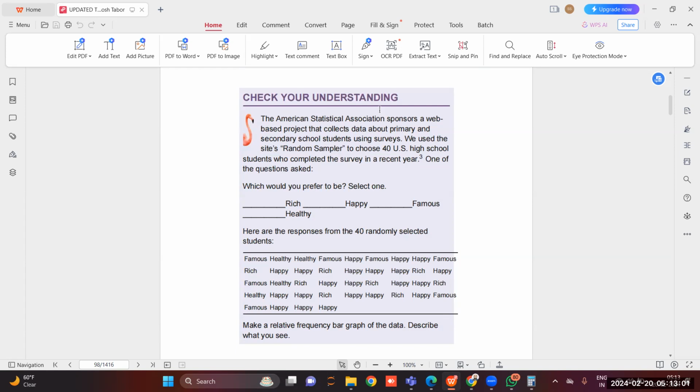I'll just read it. The American Statistical Association sponsors a web-based project that collects data about primary and secondary school students in a survey. Use the site's random sampling to choose 40 US high school students who completed the survey in a recent year. One of the questions asked, which would you prefer to be? Select one: rich, happy, famous, healthy. Here are the responses from 40 randomly selected students. So 40 students in USA, take this problem also.